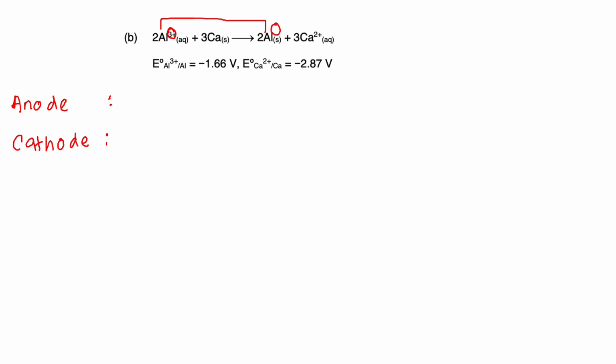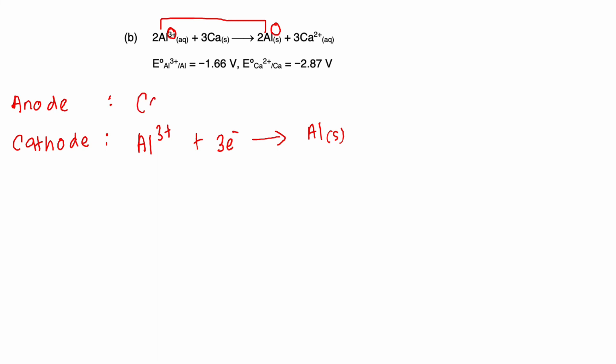The oxidation number decreases, which means it undergoes reduction. So reduction happened at cathode, red cat. So we are going to have aluminium 3 plus plus 3 electrons producing aluminium solid.